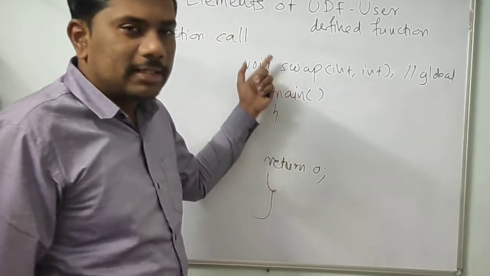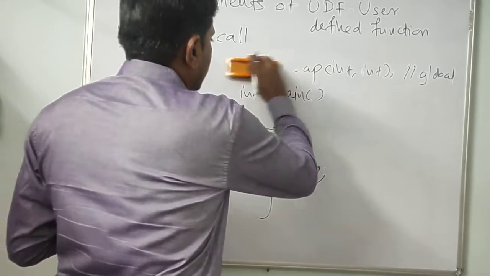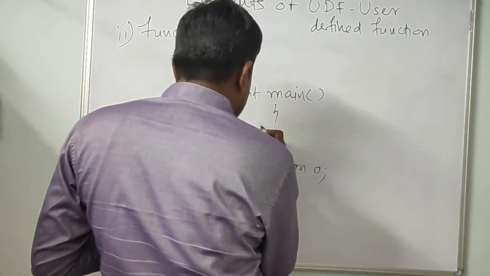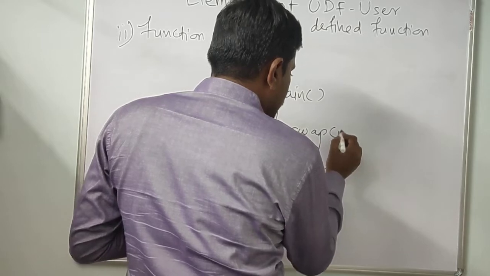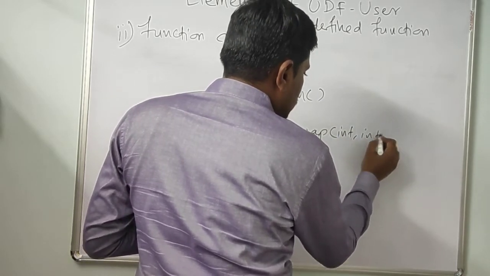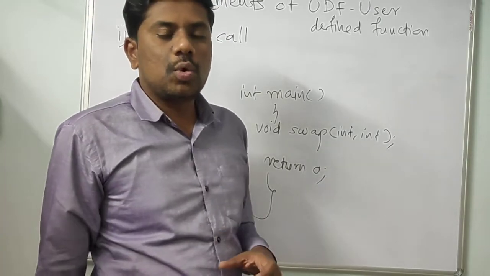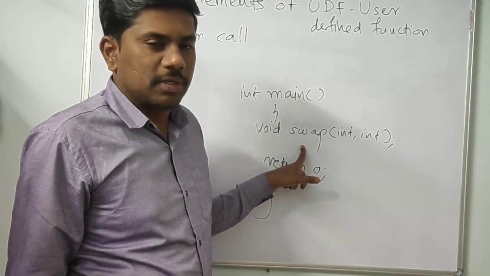You can also declare this function inside main. Inside main also you can declare like this. Here also you can declare your function. But this place is called the local place. In this case, only main knows about your swap function.